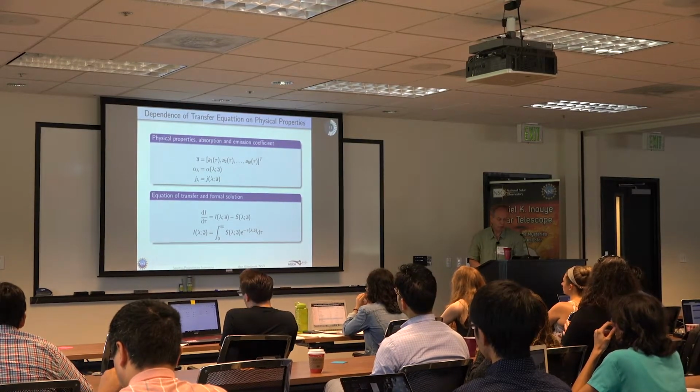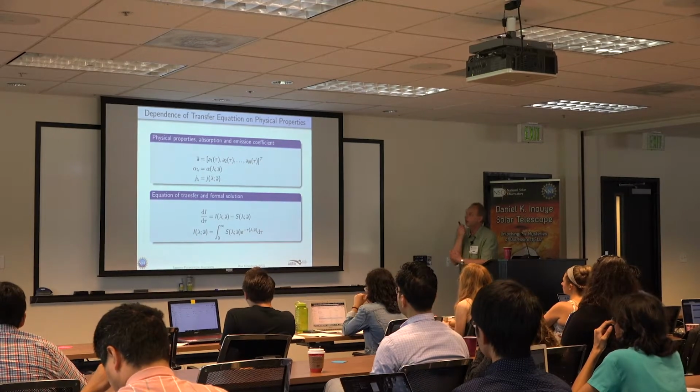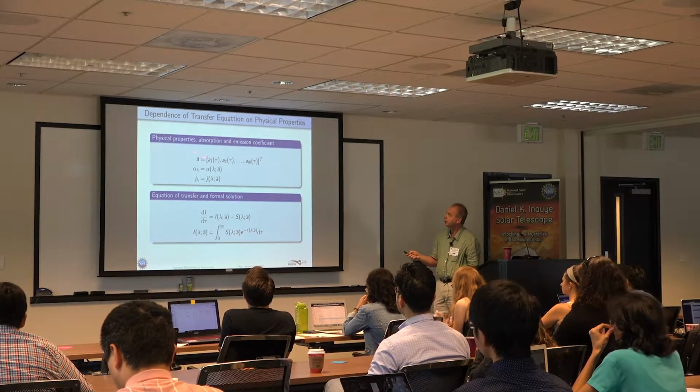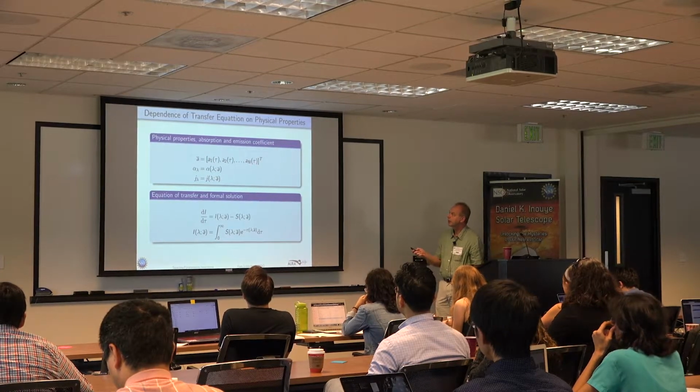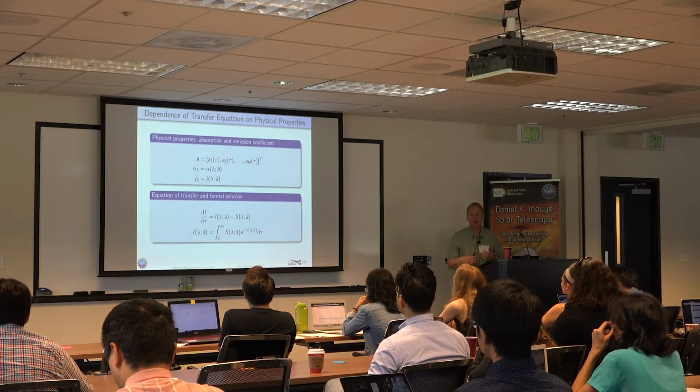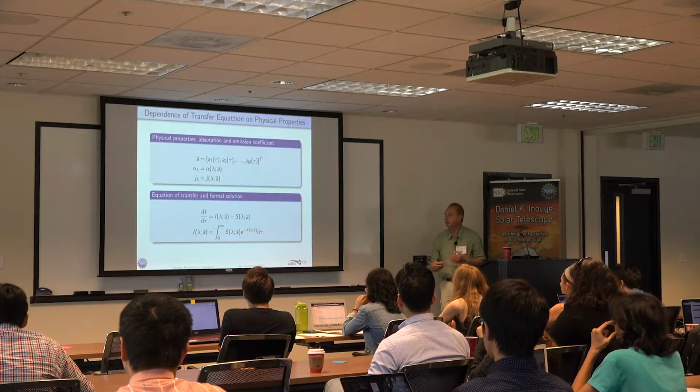So now let's look at an atmosphere that has physical parameters A1 through AN that depend on the position in the atmosphere as indicated by the value of tau, the optical depth.